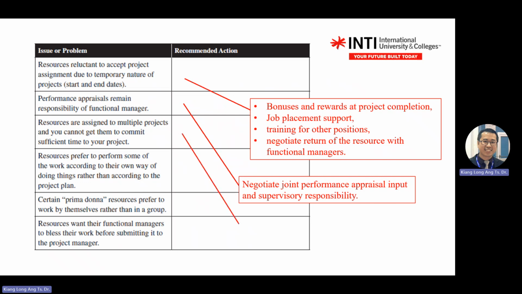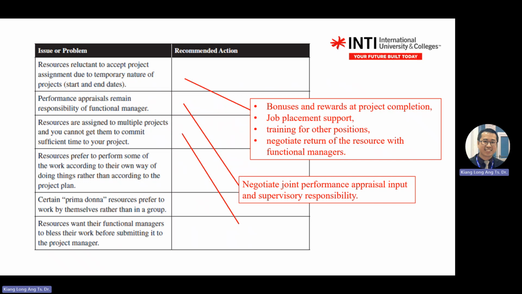Resources are assigned to multiple projects. You see the word multiple again. Multiple means you link it with a priority already. When you see multiple, you need to write priority. So resources are assigned to multiple projects, and you cannot get them to commit sufficient time for your project. You don't have enough time.